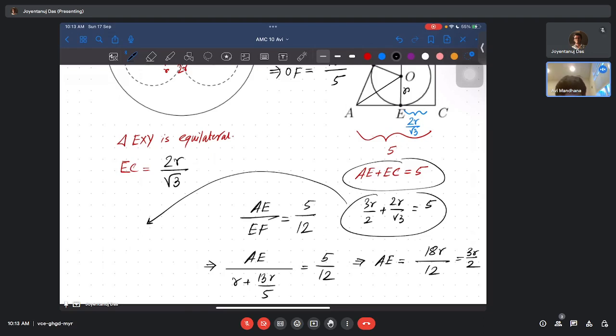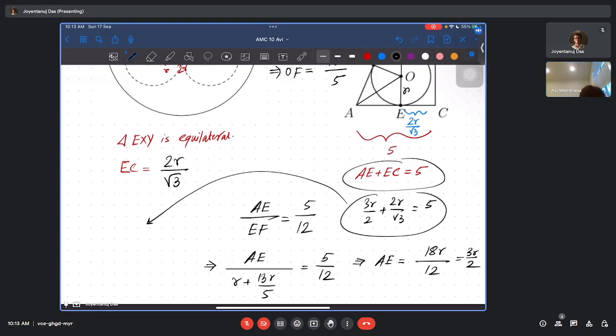So that would be five times, okay, 10 root 3 is equal to. Let me write this down. Yes, write it down. It will be easier.